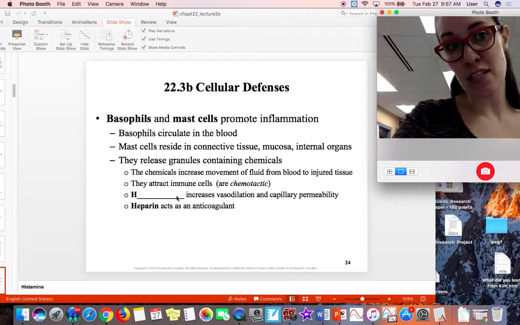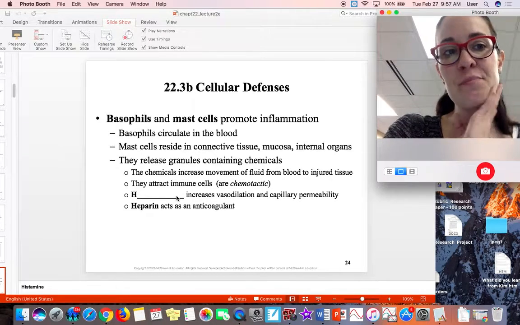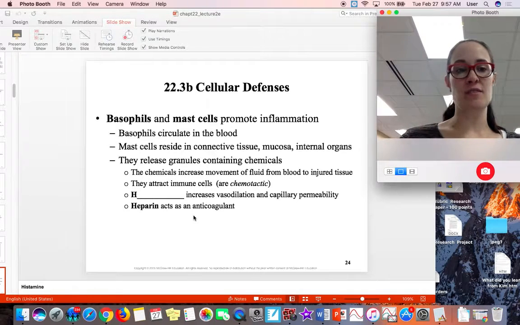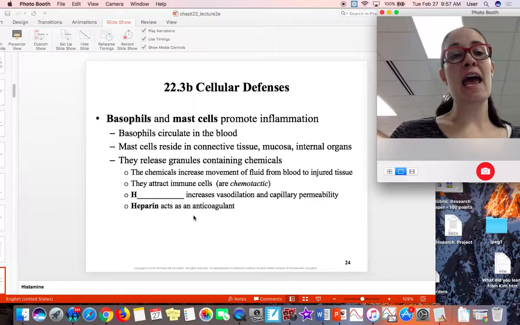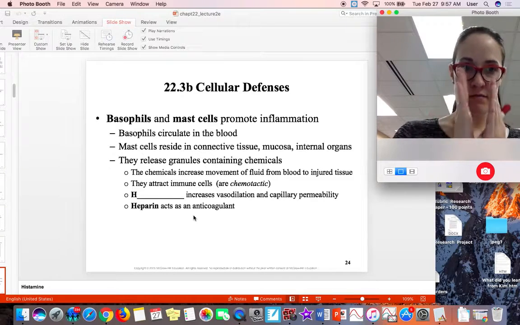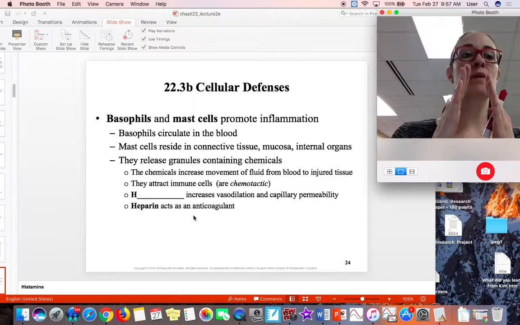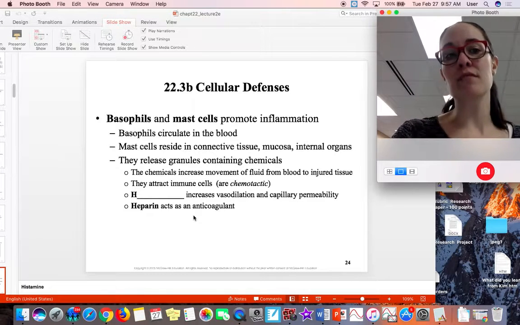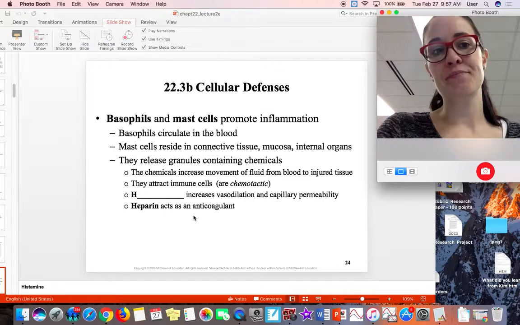And histamine is probably a word you've heard before. Histamine increases vasodilation, so causes the blood vessels in that area to get larger, and it increases the capillaries of the blood vessels, okay, permeability. So it makes them a little bit wider to let large white blood cells in to the area.